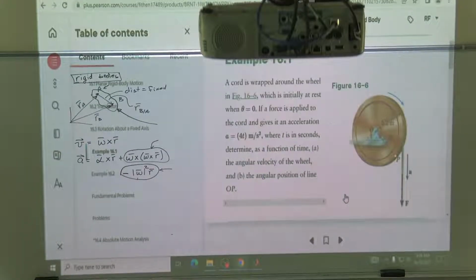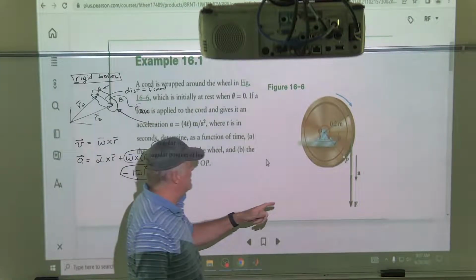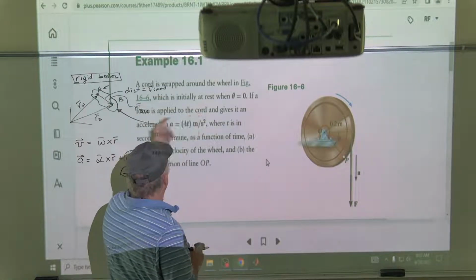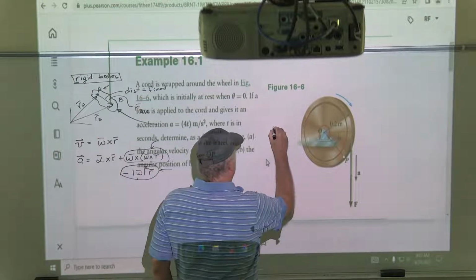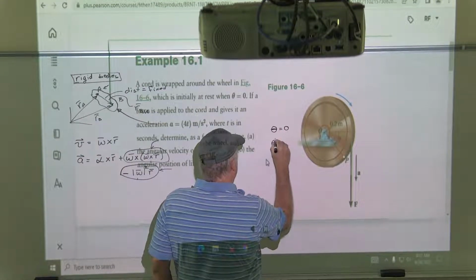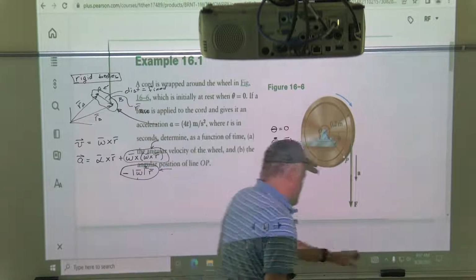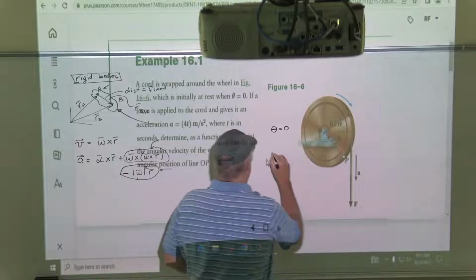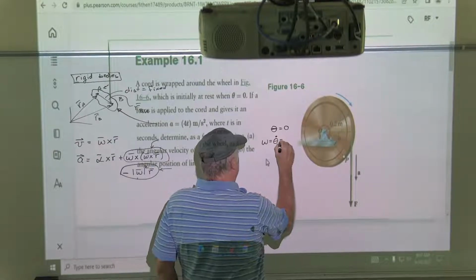Okay, so here's a cord pulling a pulley on a wheel. It says the cord is wrapped around the wheel, initially at rest when theta is equal to 0. If it's initially at rest, we like this new variable.